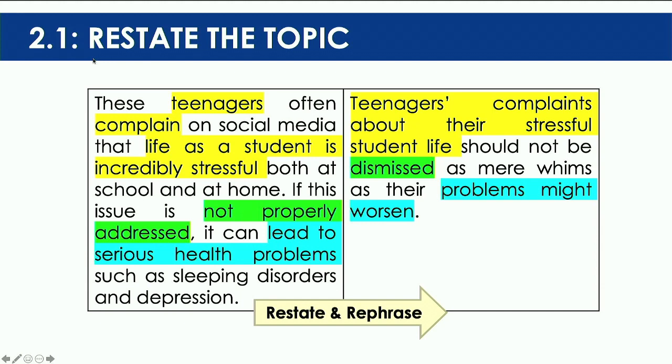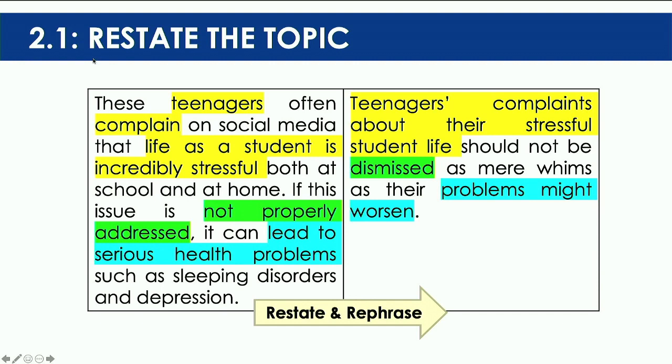So from the context, we restate it in our conclusion. We rephrase it into our own words again. Now it becomes: teenagers' complaints about their stressful student life should not be dismissed as mere whims, as their problems might worsen.